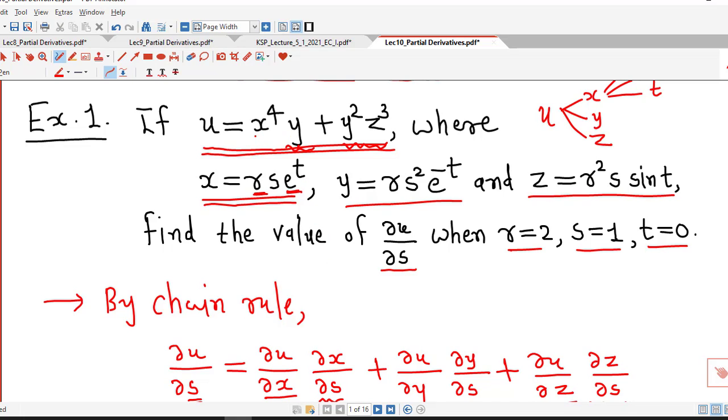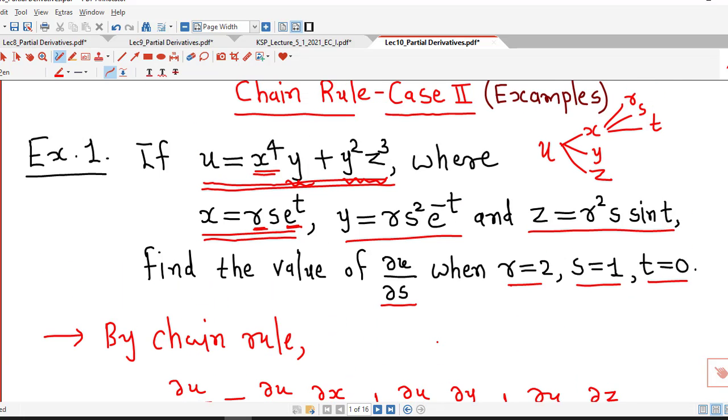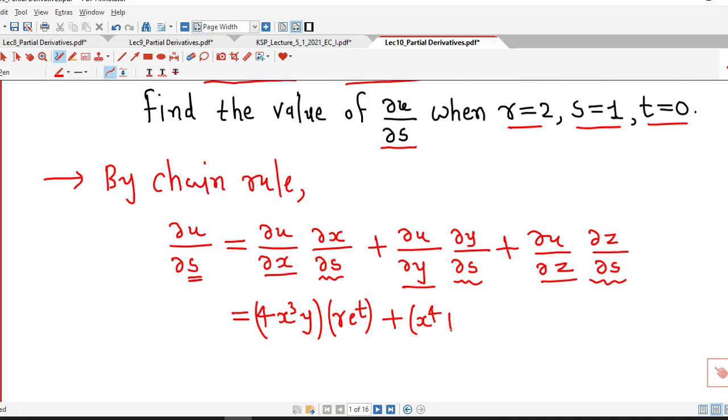In the first term x raised to 4 is constant, derivative of y is 1. So x raised to 4 as it is. In the second term z cube is constant, derivative of y square is 2y. So it becomes 2yz cube. So here we add 2yz cube.